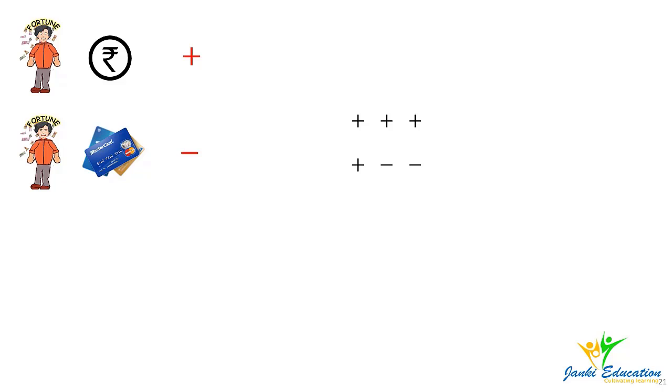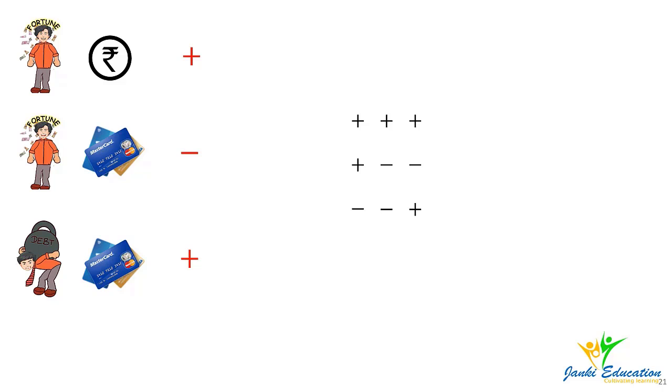Next one, if there is a man in debt and he borrows money, what will happen with his account? Already I am in debt, and I will be borrowing a further amount, so there is going to be an addition, correct? So minus, minus, plus.